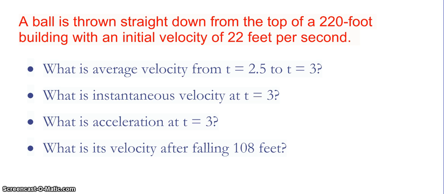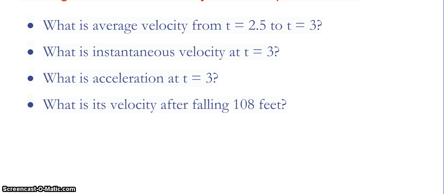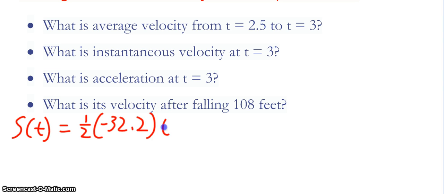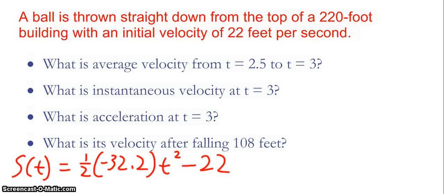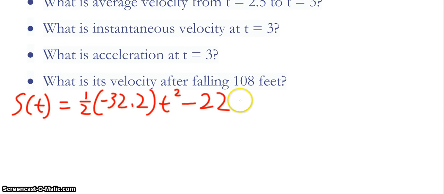Okay, so we need to do a little bit of work here. First thing we're going to do is we're going to write our falling object equation for this problem. So I know in this case S of t, since I see units are in feet, I'm going to use the gravity in terms of feet, is 1/2 times negative 32.2 t squared minus my initial velocity was 22, and it was going down because it was thrown down, so 22t, and then plus 220.